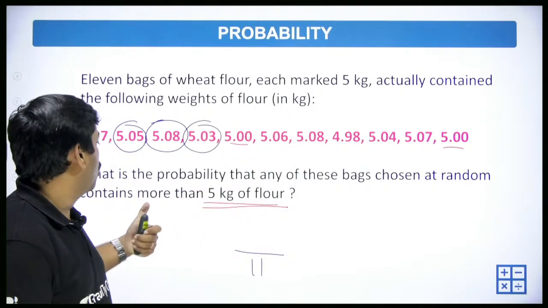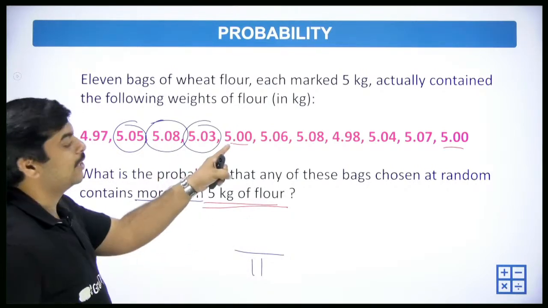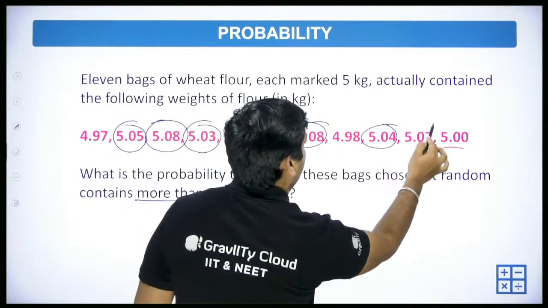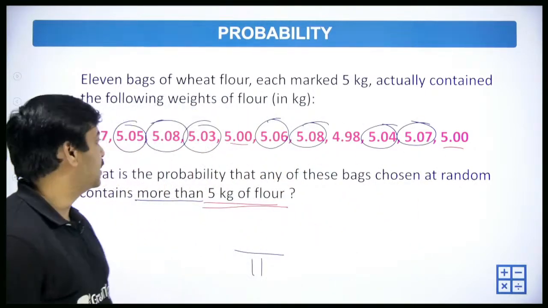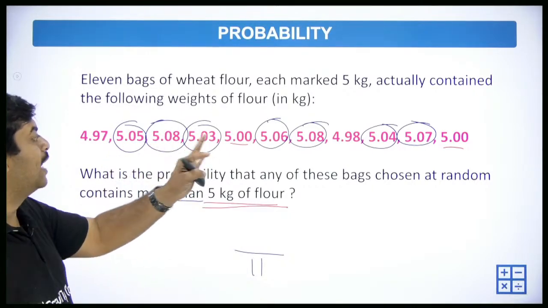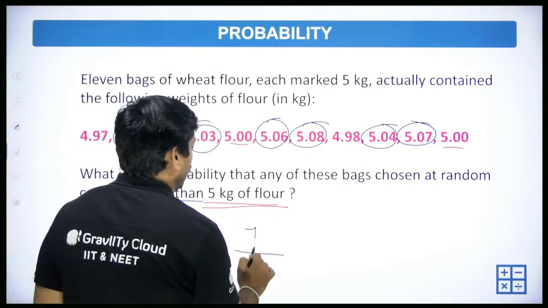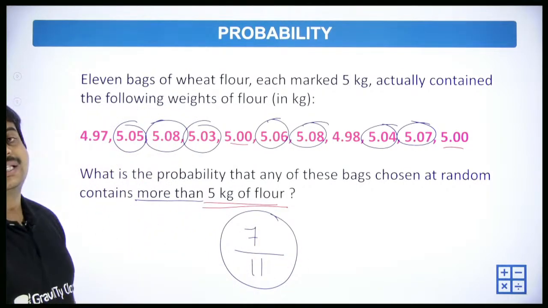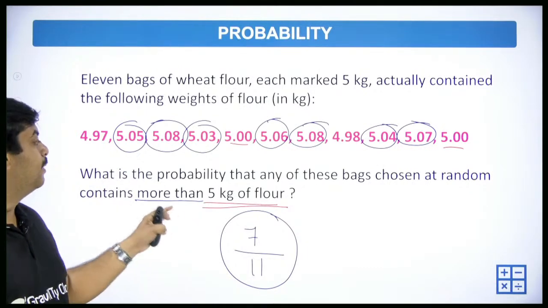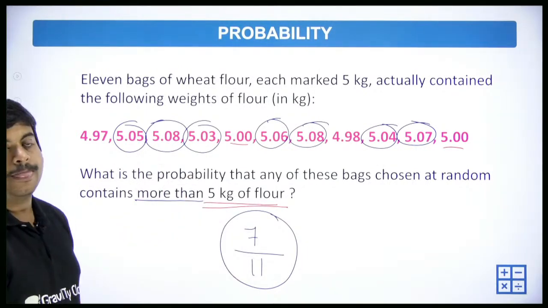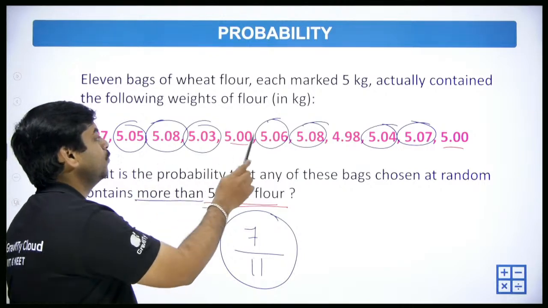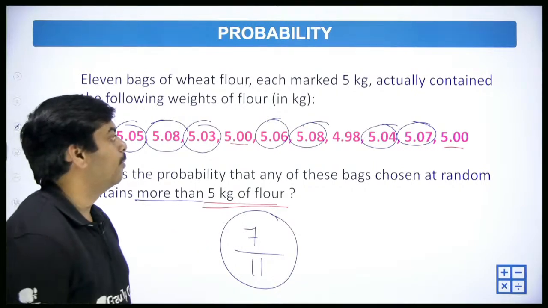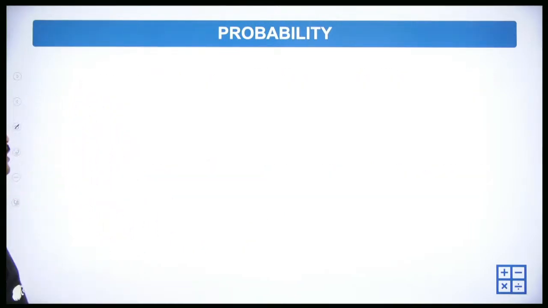The question is more than 5 kg, so 5 cannot count, but 5.06, 5.08, 5.04 and 5.07 can. Counting them, we have 7 cases out of 11 where the weight is more than 5 kg. That is how you find the probability. Very simple question. Let me tell you one more.